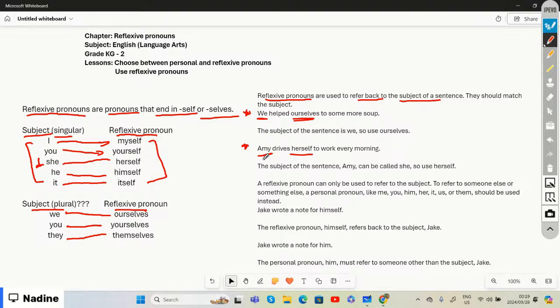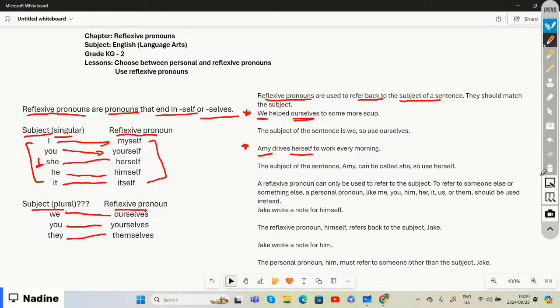All right. So now we're going to go to aplusstudents.ca. And then we're going to choose between personal and reflexive pronouns.